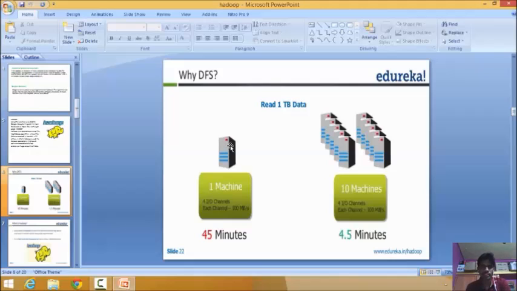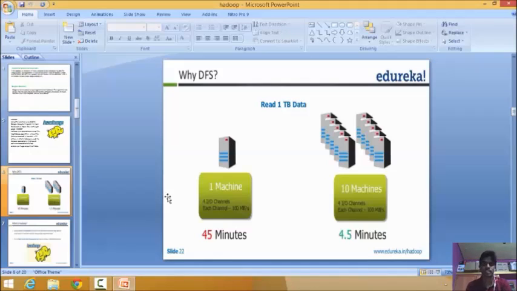Data storage is not at all a problem. Nowadays you have 4 TB hard disks, external hard disks of 3 TB, 2 TB. Data storage is not at all a problem. Here the problem is the processing of the data. Processing of the data is the major problem here.